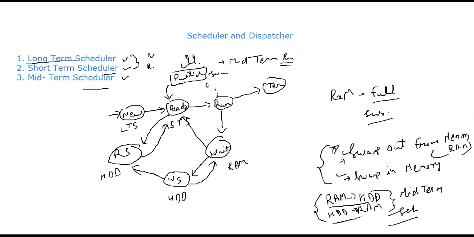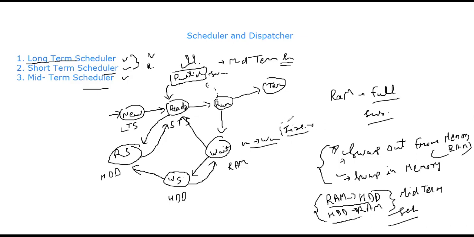Suppose I have n processes in waiting. Now my RAM is totally full. What are the processes which I want to send to wait suspended? How to select those processes? You require certain criteria to send a process out from memory. Suppose I have selected on the basis of size, so that my RAM gets free as soon as possible.